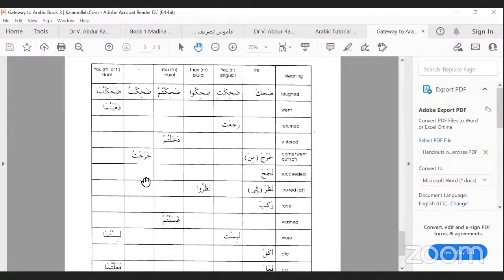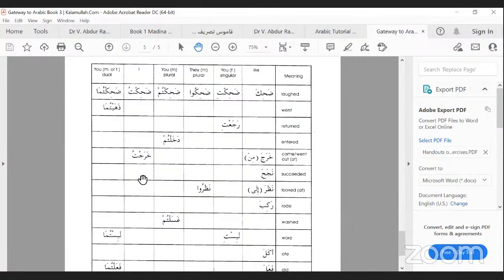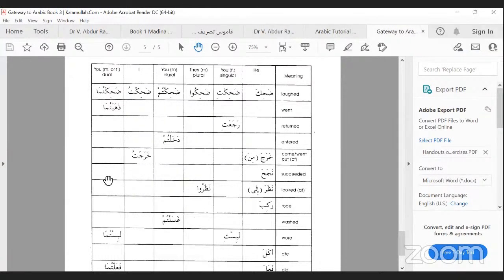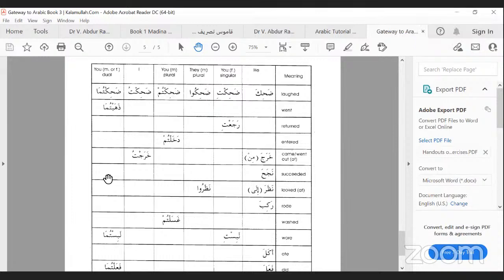Next one. I succeeded. Najahtu. MashaAllah, very good. And the last one? Najahtuma. MashaAllah. You got the hang of it now, Raja. Brilliant.